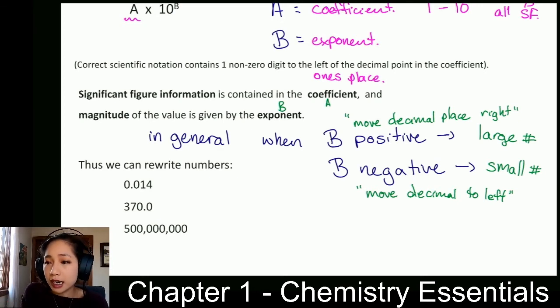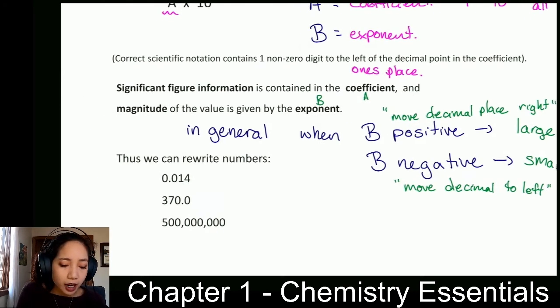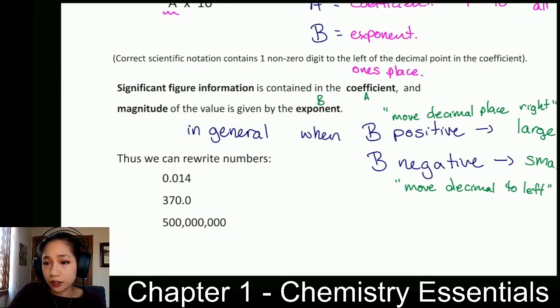When b is negative, I don't like to memorize move the decimal place to the left because I get my lefts and rights mixed up all the time. I just think when b is negative, it's a small number, so move the decimal place in the direction to make the number smaller. All right, so that's when you're given scientific notation.